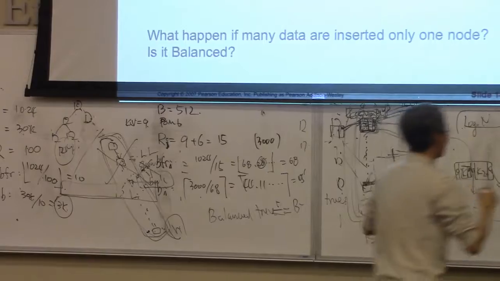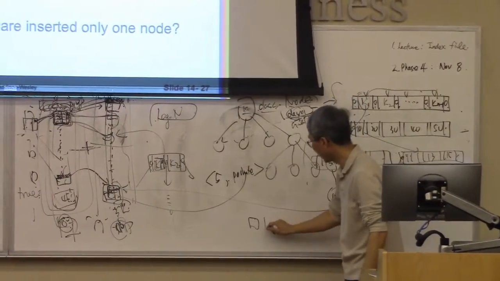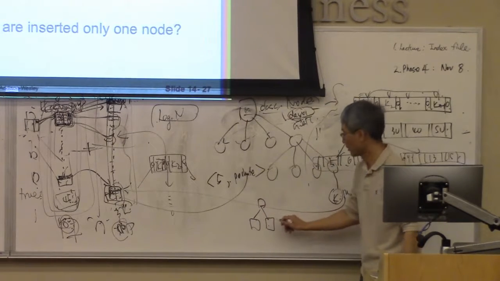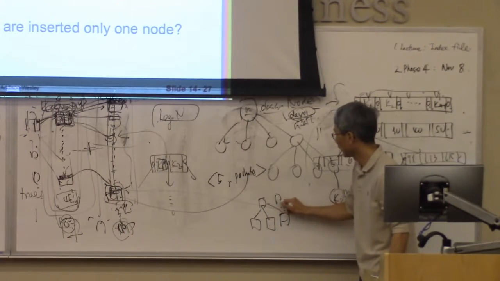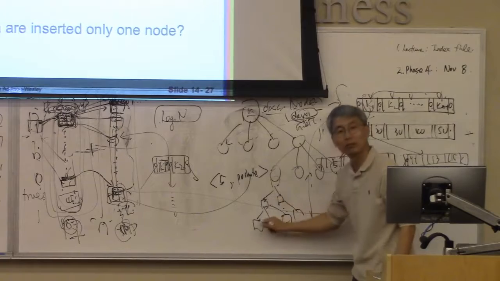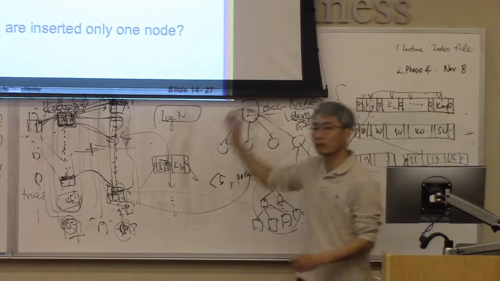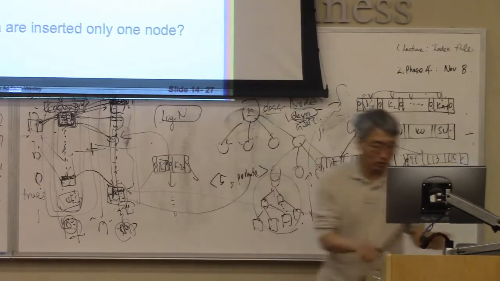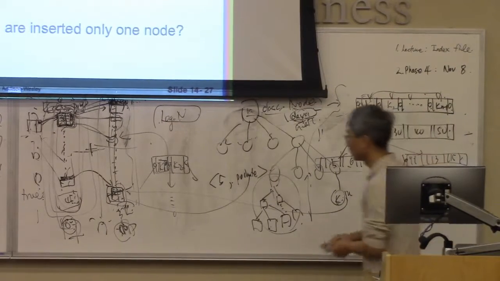So, for example, when we create the tree, starting from here, if we need a new node, going to here, it's balanced. If we have data like this, even like this, bottom to up, it's always balanced. So this is the idea of the B-tree index. We are going to see the B-tree index this time.